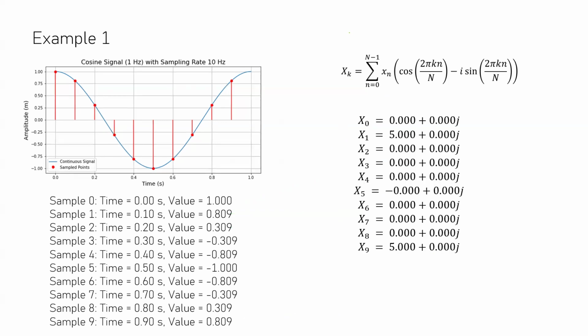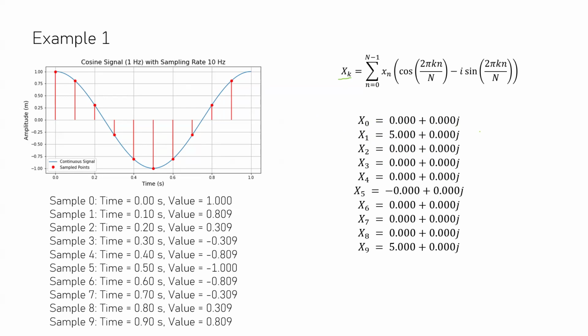So if you are doing the math, you will find these complex numbers for xk values. So for x0, we have 0 plus 0j. For x1, it is 5 plus 0j. For x2, 0 plus 0j.